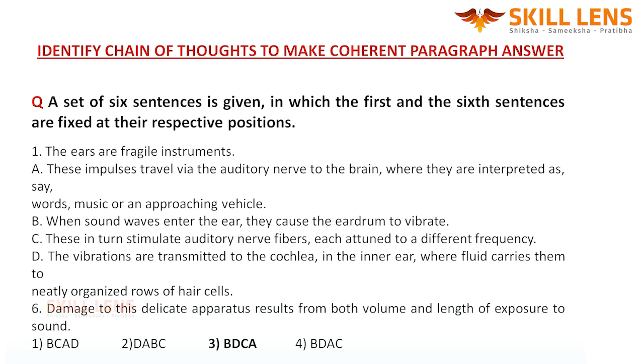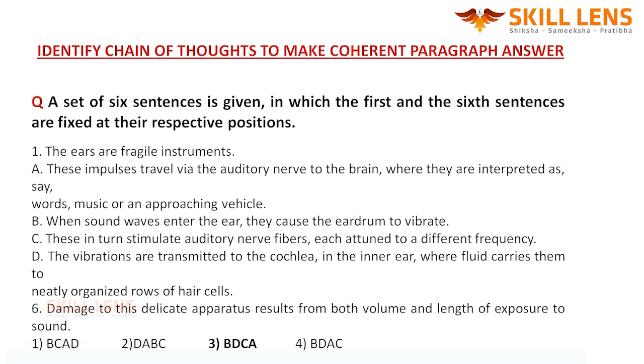They are giving us more explanation to the already mentioned statement B. Sentence D tells us that vibrations are transmitted to the cochlea in the inner ear, where fluid carries them to nearly organized rows of hair cells.